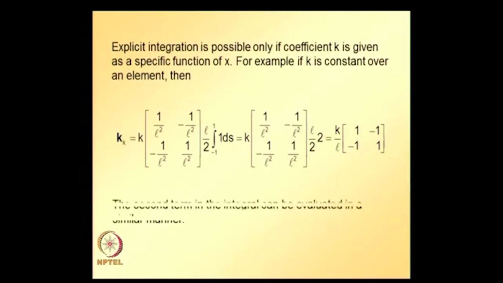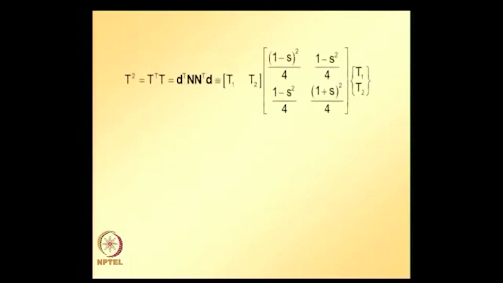Now, let us look at the second term. The second term in the integral can be evaluated in a similar manner, except that in the second term we have T squared. T is again the field variable, a scalar quantity.